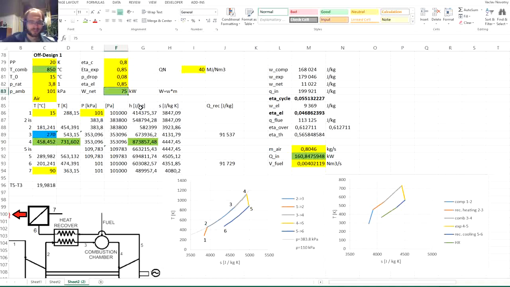And lastly, let's see what's the net power output. Q in multiplied by electrical efficiency, and we get 7.5 kilowatts. Or if we would want the cycle power, the thermodynamic power, it would be less than 9 kilowatts.